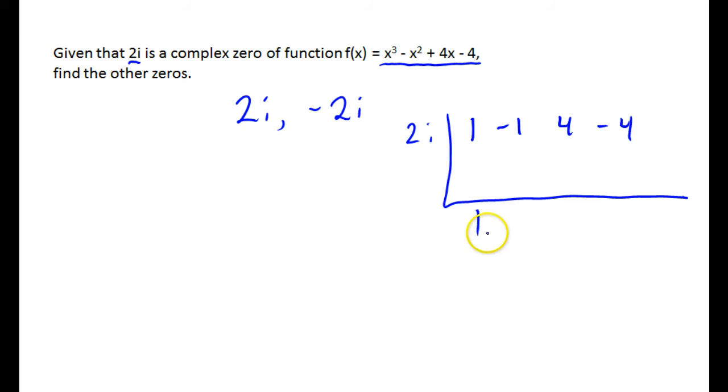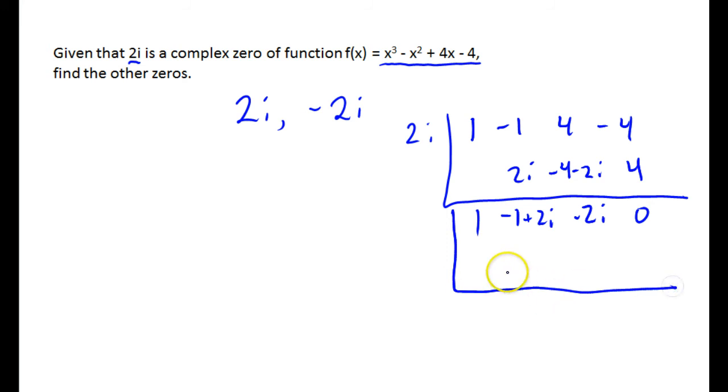Bring down 1, 2i goes in there, and I get negative 1 plus 2i. Negative 1 times 2i is negative 2i, and 2i times 2i is 4i squared, which is negative 4. When I add that, I get negative 2i, and 2i times negative 2i is negative 4i squared, which is positive 4, so we get 0, which is what we expected since we were told that was a zero.